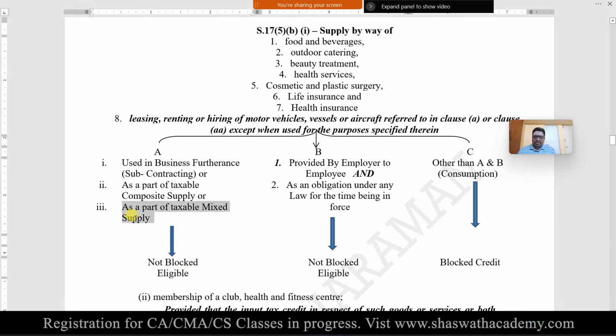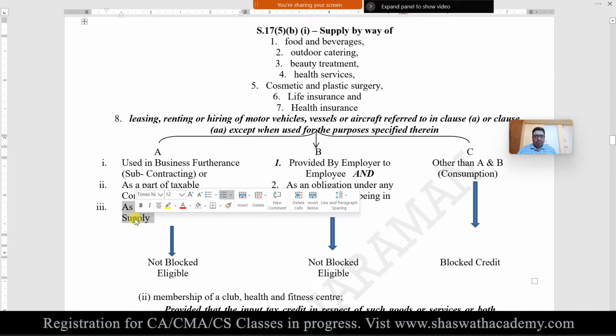A classic example for this taxable mixed supply, I can also tell you: food supply at a business meet, a private gathering. Sir, I am conducting a training program. In the training program, I provide food also. A GST training program or customs training program. Participants will be from cross sectors, so I am providing food for them.